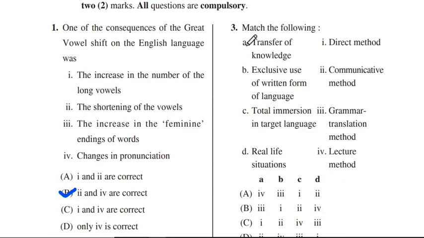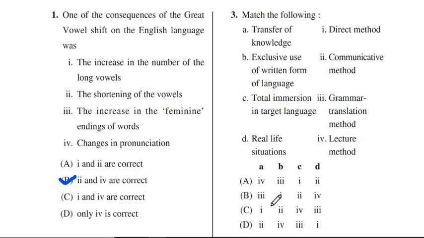Next, third question. Match the following. Here they have given transfer of knowledge, exclusive use of written language, total immersion in target language, real life situations, and direct method, communicative method, grammar translation method, lecture method. Like this they have given, and here we have the options.